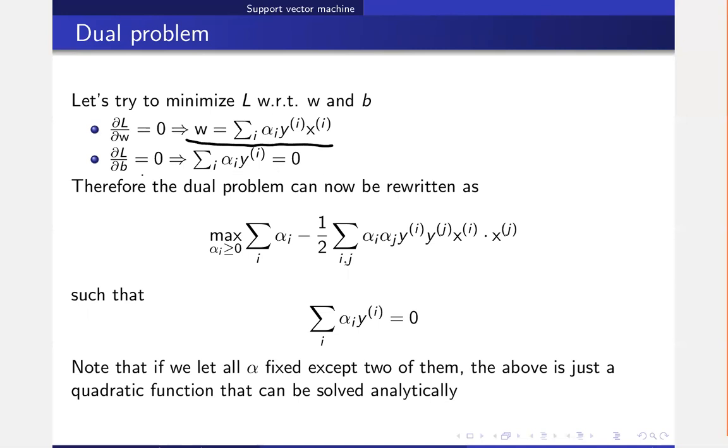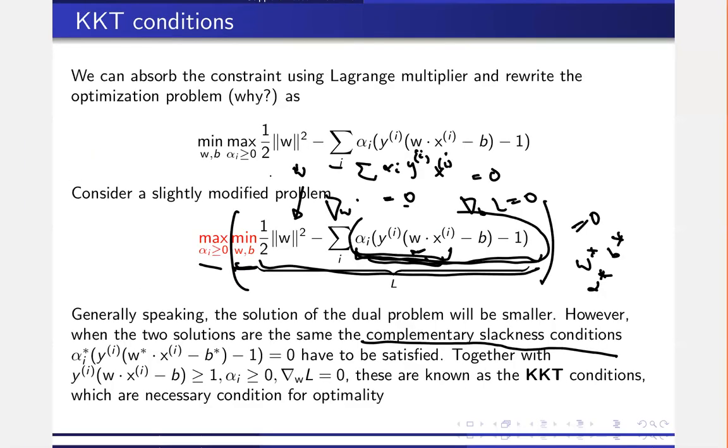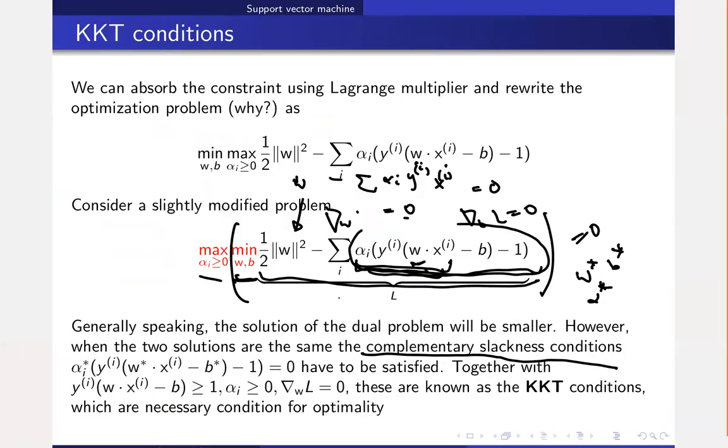Now I can do the same thing for B. It's actually pretty simple. If I take the derivative with respect to B, we'll get what? I get the sum over i of alpha i Yi, right?